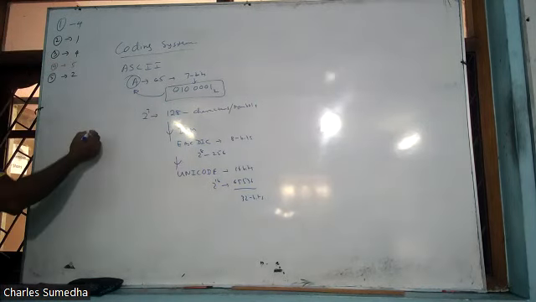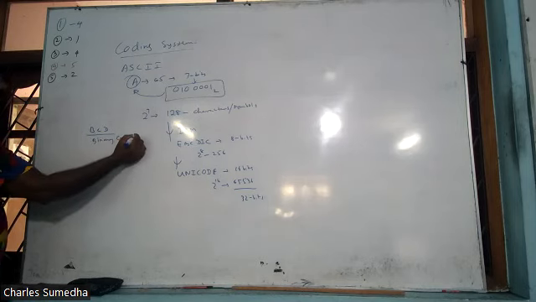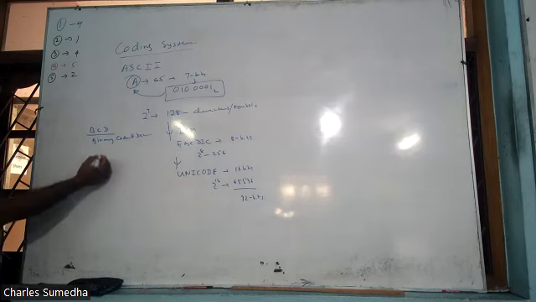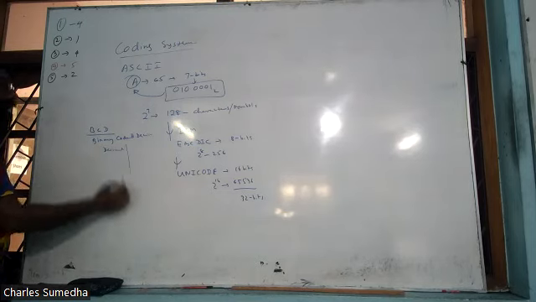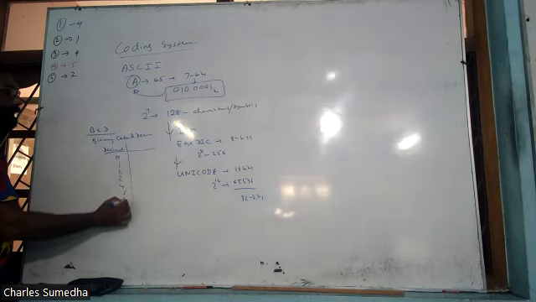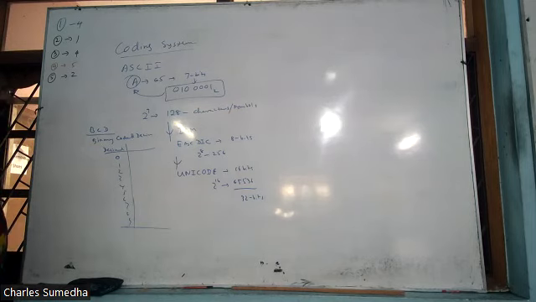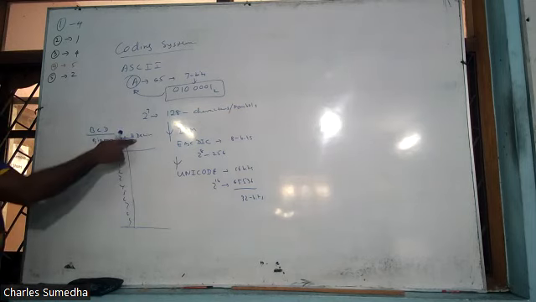But they also introduced something called BCD, binary coded decimal. For what purpose? To represent the decimal numbers. What are the decimal numbers that we have? 0 to 9: 0, 1, 2, 3, 4, 5, 6, 7, 8, 9. To represent the decimal numbers, they introduced binary coded decimal.